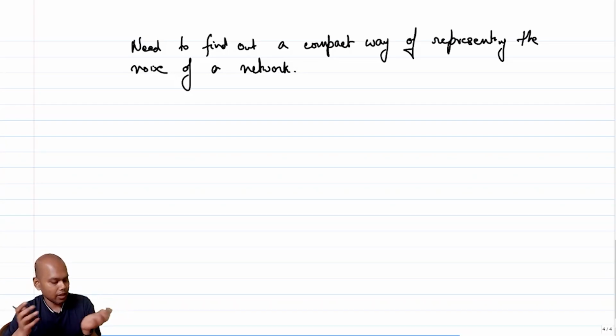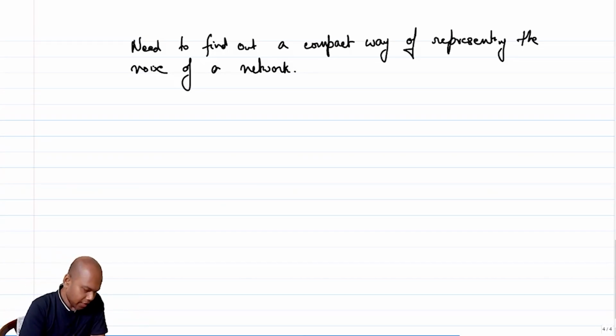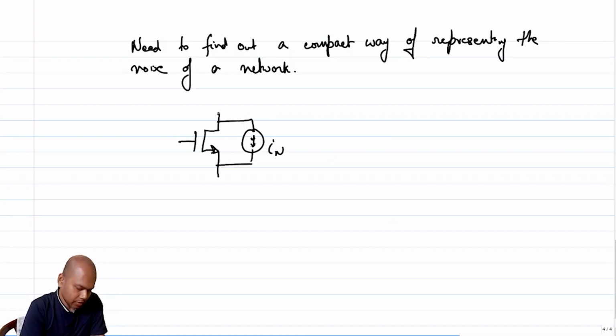Okay, so let's consider a generic two-port network and see what the ways are. Or rather, instead of going for a generic two-port network, let me take the example of a single transistor and show you, and then we'll probably extend it to a generic two-port network, right? So let's say I have a transistor in saturation and it has a noise current IN, and let's say I'm only interested in the output noise current, right?